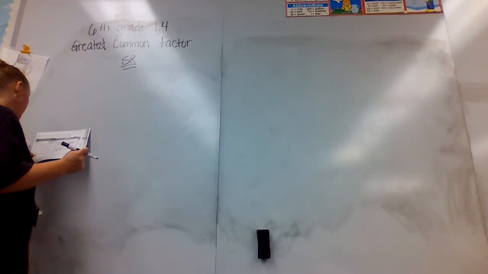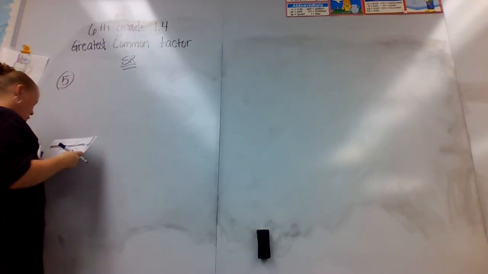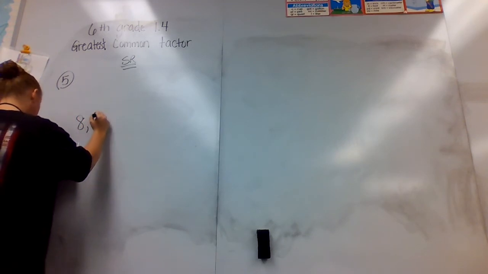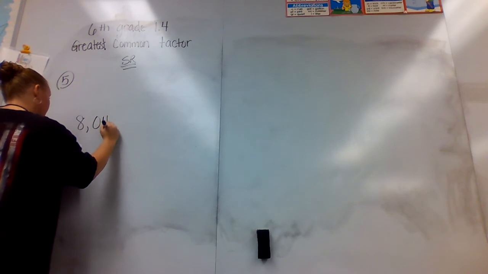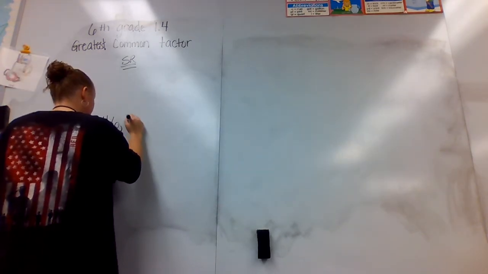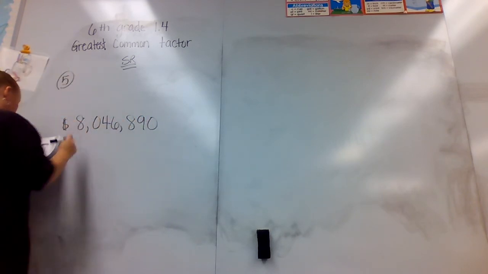All right. Number 5. The Kramer Company has a profit of $8,046,890. Okay.